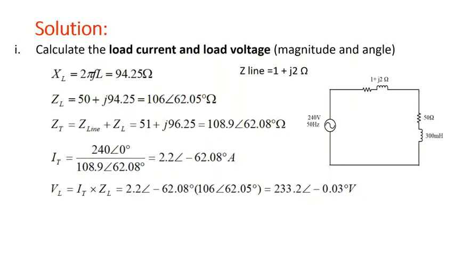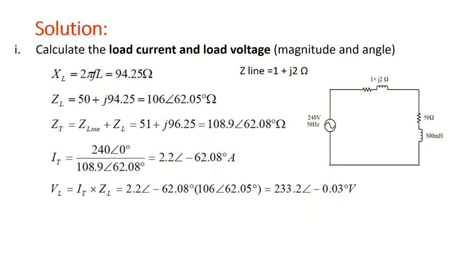From the Z total, you can get the I total. The I total is V source divided by Z total. The answer for the I total is 2.2 at minus 62.08 degrees amperes.